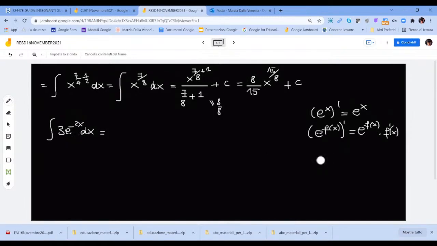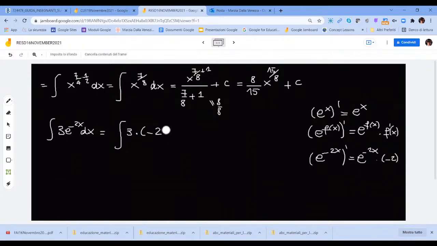So if we derive e to the minus 2x, we have as a result the derivative of minus 2x, that is minus 2. So it is e to the minus 2x times minus 2. So we want to write minus 2, and in this case, we can perform this computation. We have 3.